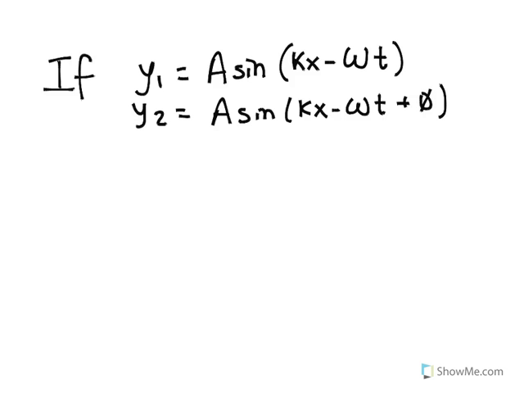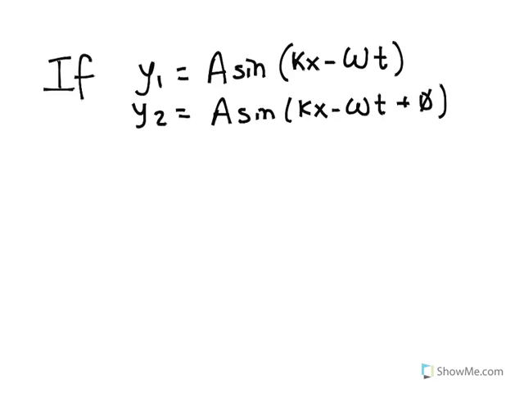Let's suppose we have two waves that have the same characteristics: the same amplitude, the same constant k, which is the wave constant or the same wavelength, and the same omega, which is the same frequency. The only difference between them is that one has a phase and the other does not, so one is dephased against the other.